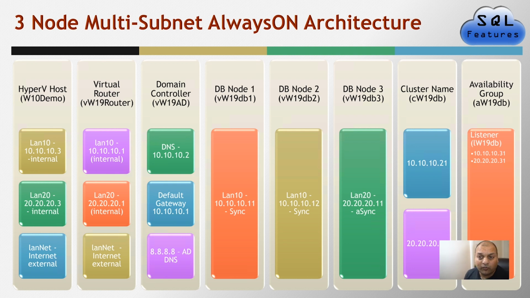In the last video, we used that Windows 10 demo laptop which we set up, and then we configured Hyper-V on it. After the Hyper-V configuration, we created 3 different networks. One is the 10.10, the second is 20, and the third is the one that connects to the internet.